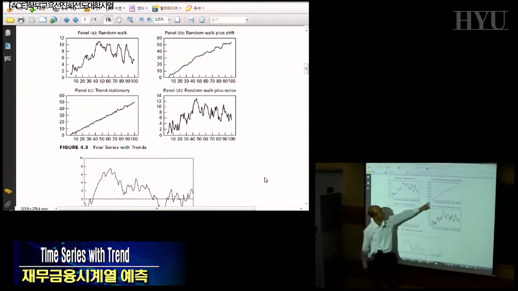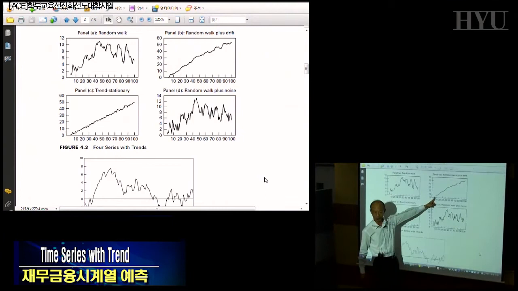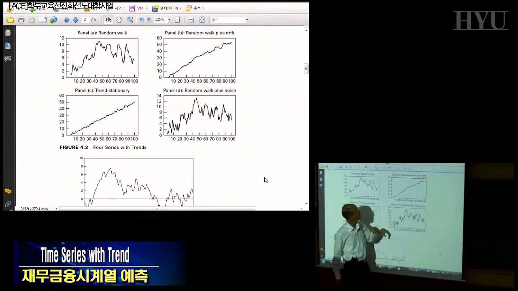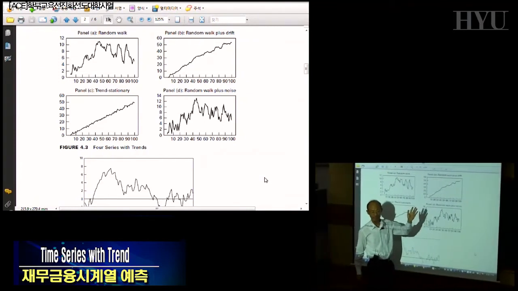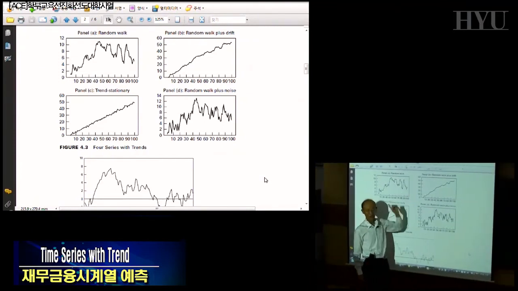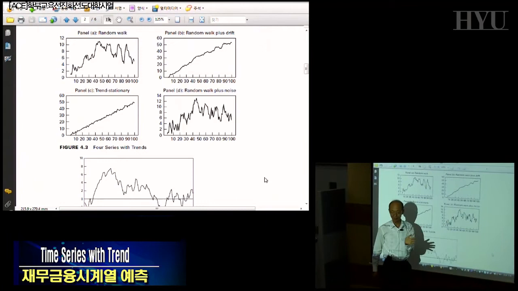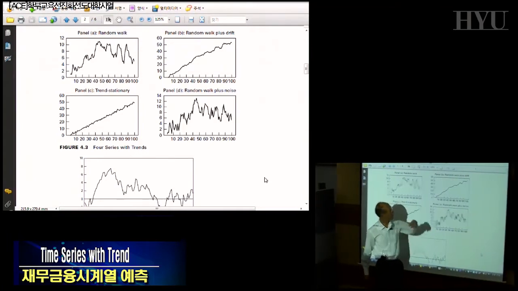The second one, random walk plus drift. When we have a constant term in a random walk, we don't call it a constant term. Instead, we call it a drift.